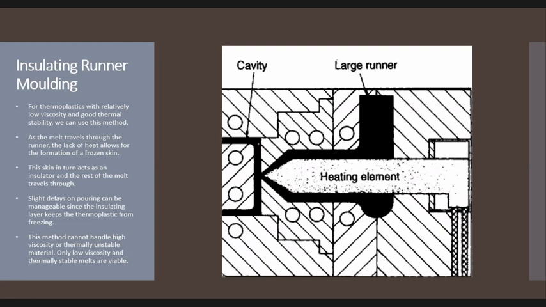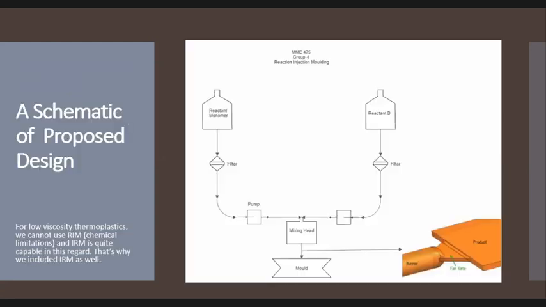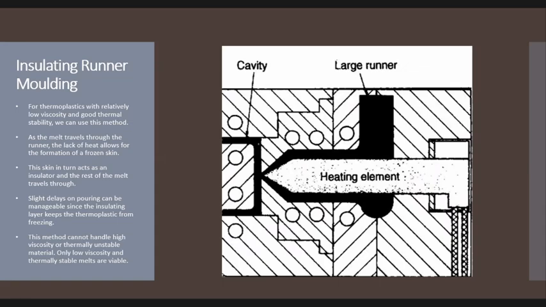The thermoplastics used here have to be of low viscosity and have good thermal stability. Otherwise, this method won't work. And we've already talked about the thermoplastics we can use here. Because we do have to fabricate either thermoplastics or thermosetting materials, we've included both these methods.